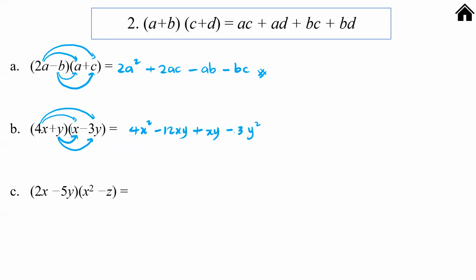And check, do we have a like term? Yes, we do. Negative 12xy and positive xy, they are like terms. So if they are like terms, what are we supposed to do with them? Different sign, find the difference. The difference between 12 and 1 is 11. And then we have to follow the big boss. The big number is 12. It carries negative, so this one is negative. I'm comparing the numbers without looking at the sign.